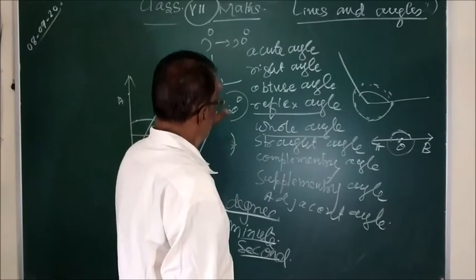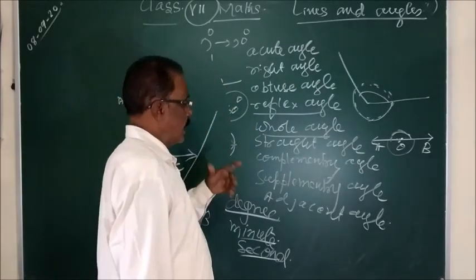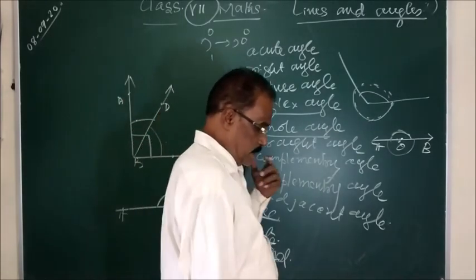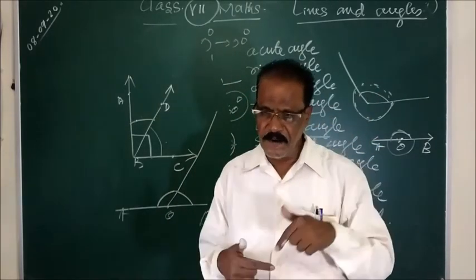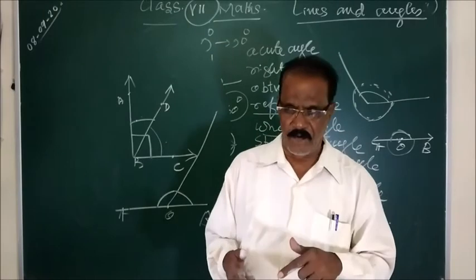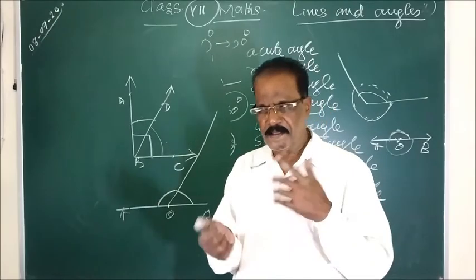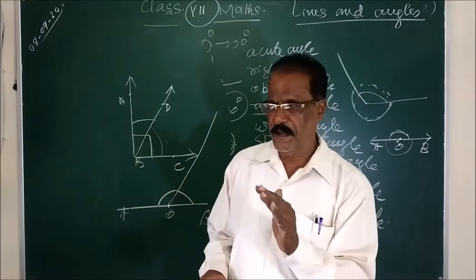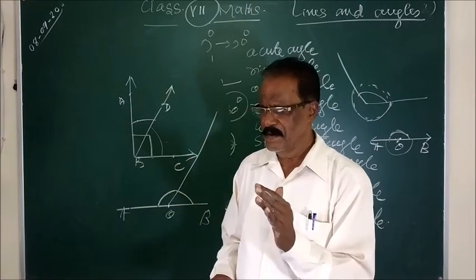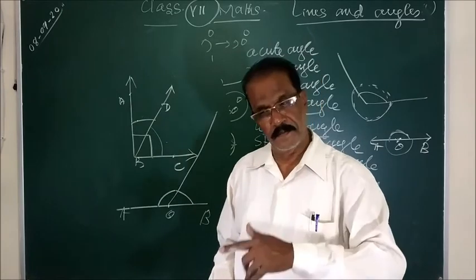So angle, I want to wrap up with the explanation of angle. When a ray meets another ray at a point, an angle is formed. Or in other words, if a ray rotates around a point, an angle is formed there.